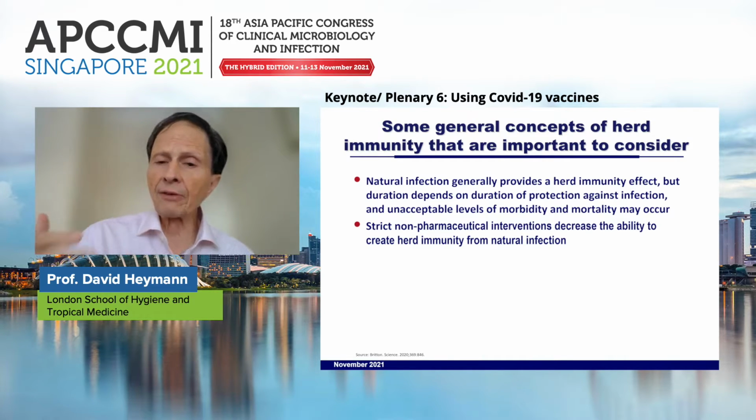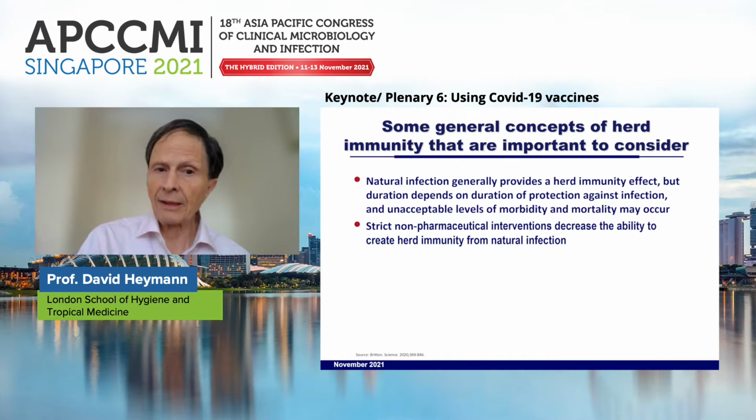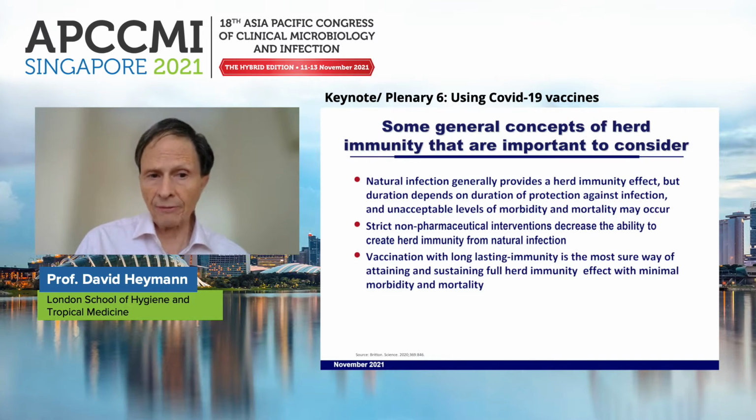So countries that have locked down at any point during the COVID pandemic, for example, have not permitted natural infection to develop. They have indeed decreased the levels of morbidity and mortality, but they haven't been able to create that natural infection which causes an immune effect.